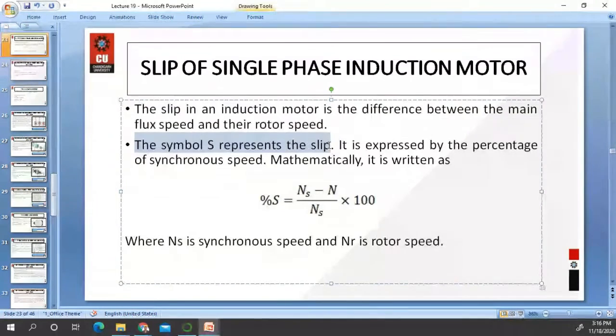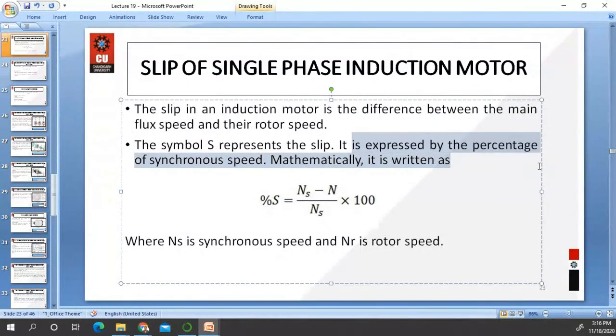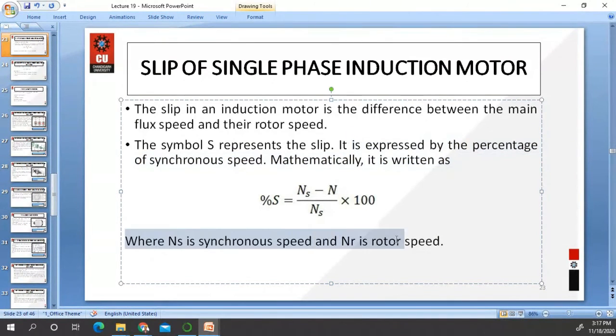The symbol S represents the slip. It is expressed as a percentage of synchronous speed, or mathematically S equals (Ns minus N) divided by Ns multiplied by 100, where Ns is the synchronous speed and Nr is the rotor speed, or we can say the actual speed.